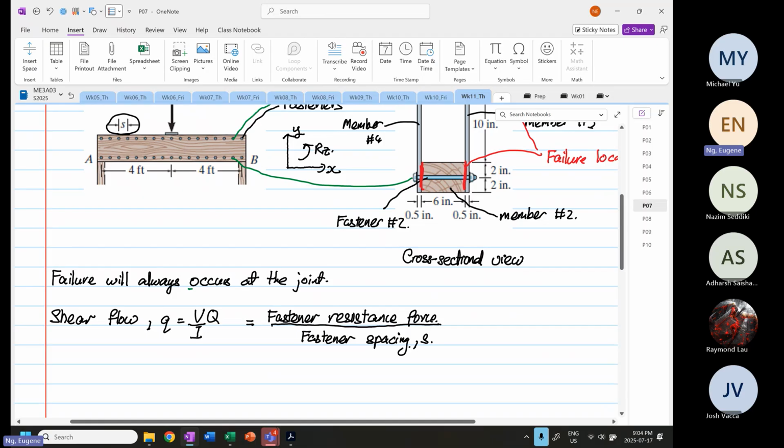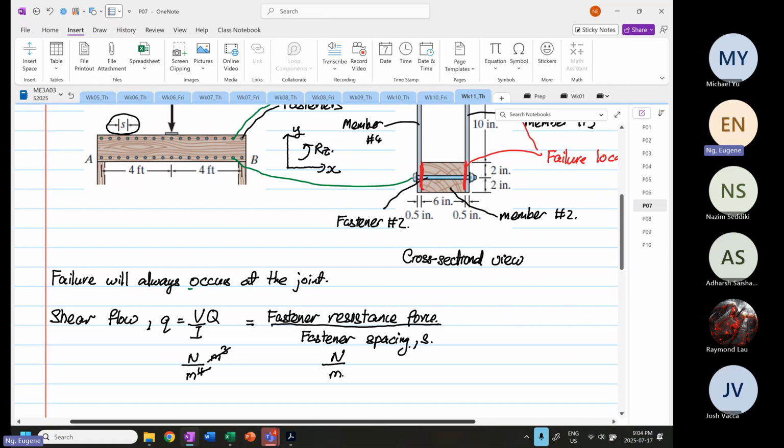So if we were to look in terms of units, the units over here is Newton divided by meter to the fourth multiplied by meter cubed. You cancel, you get Newton per meter. Force resistance of the fastener is in Newton. Spacing is also in meters.